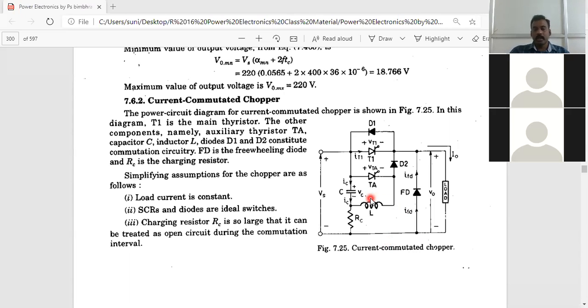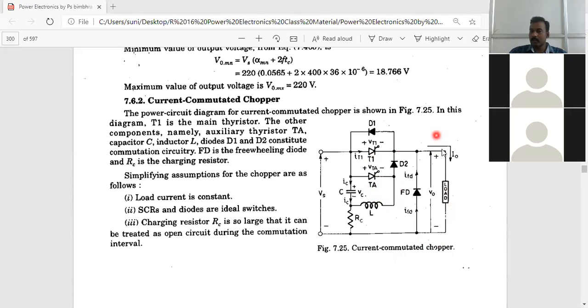Okay, so in this particular case, initially we are going to make the capacitor be charged through this charging resistor RC. Before these devices are turned on, the diode is blocking, making open circuit, thyristor T1 off state, making open circuit, TA off state, making open circuit, and there is no current conduction.